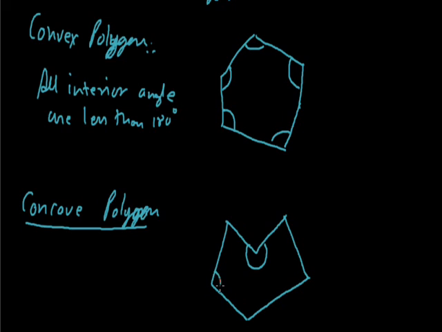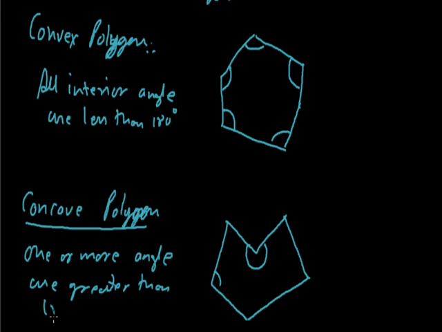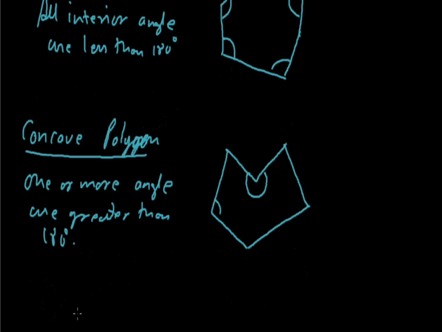Rest are less than 180, but this angle is more than 180 degrees. So in a concave polygon, one or more angles are greater than 180 degrees. जिसमें एक या एक से ज़्यादा एंगल 180 डिग्री से ज़्यादा हो, तो उसे हम कॉन्केव पॉलीगन बोलेंगे.